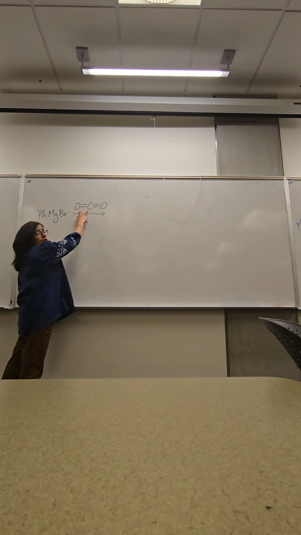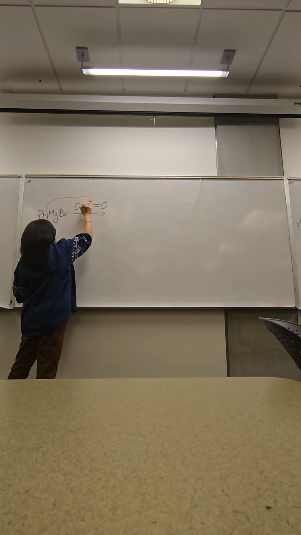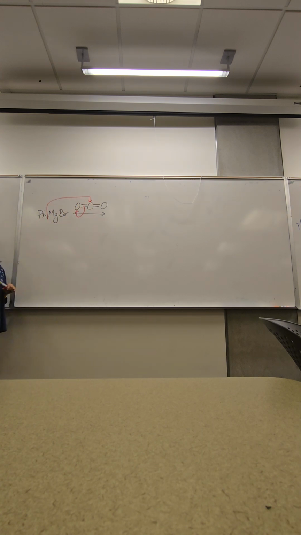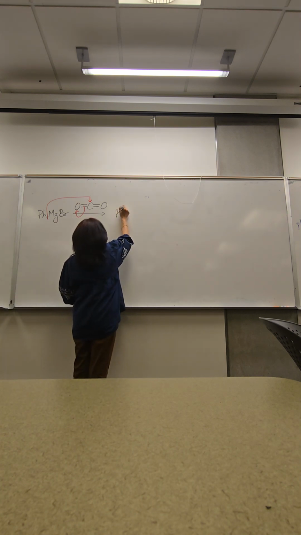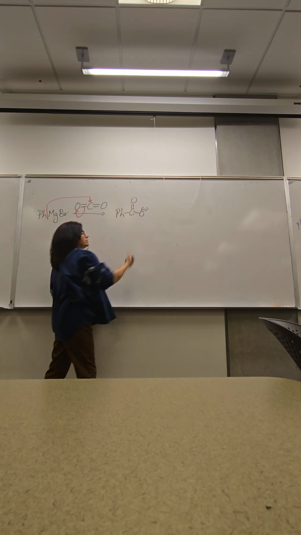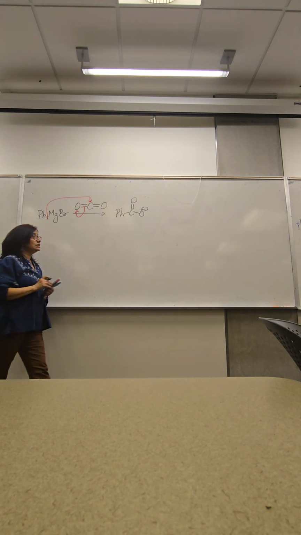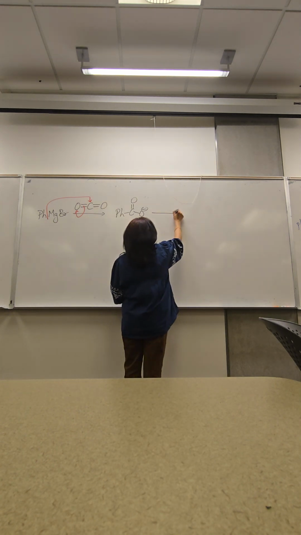You have a C double bond O. Just like what you've seen in other reactions, the nucleophile from the Grignard attacks the electrophilic carbon of the double bond to O. What does that create? O minus, C double bond O with phenyl. What is that? That's a carboxylate. What do we have to do to the carboxylate to make it a carboxylic acid? Protonate it. And you're done.